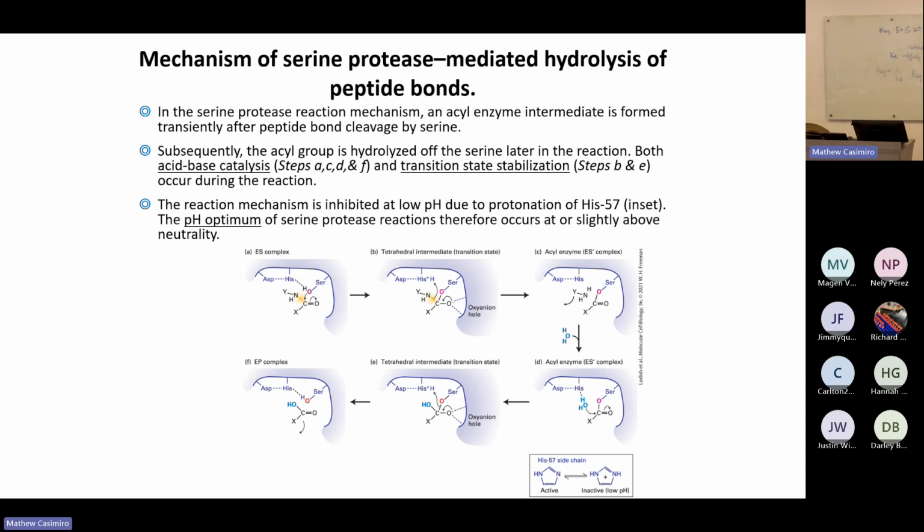Next, then we want to reset the catalytic site for the next round of proteolysis, all right? And so what happens is a water molecule comes in here, results in hydrolysis of the carbonyl, right? And then release of the second part of the peptide.